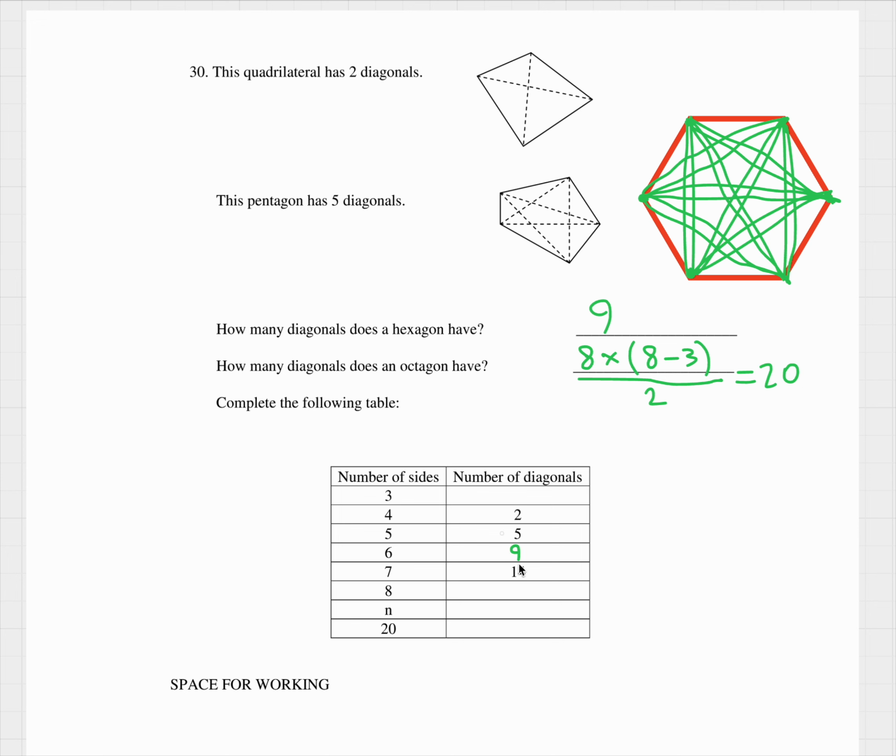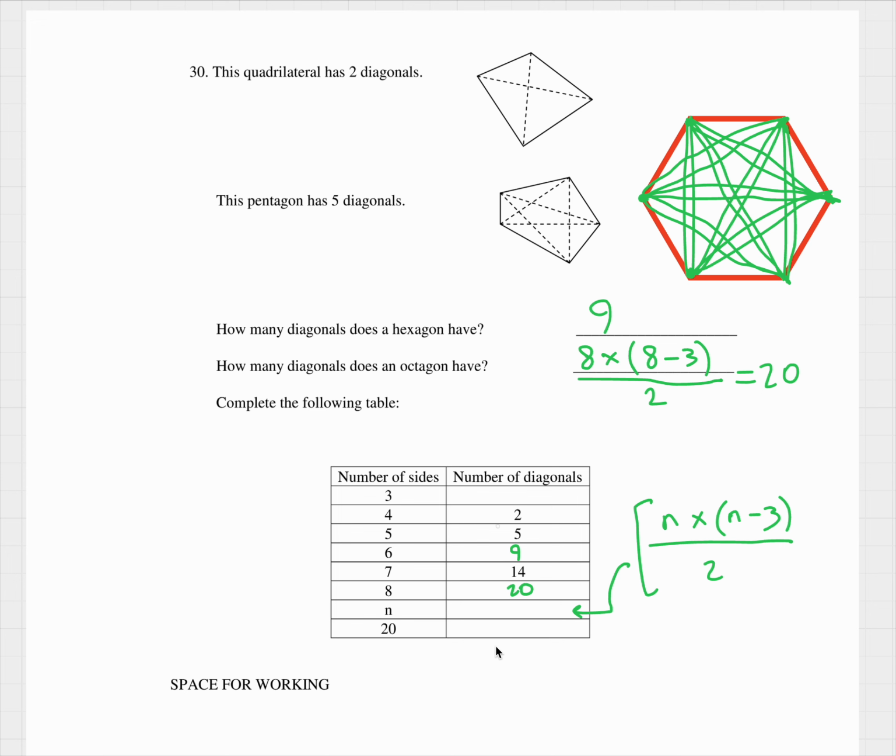So we have 9 here, we have 20 here, and this calculation here should give you a hint of what the general formula is. It is n, the number of sides of a shape, multiplied by n minus 3, divided by 2. And this formula should go in this row down here.